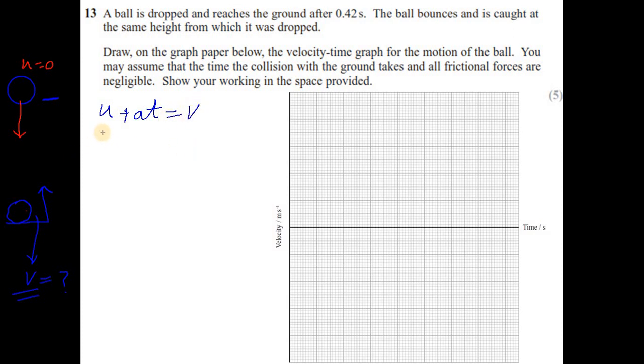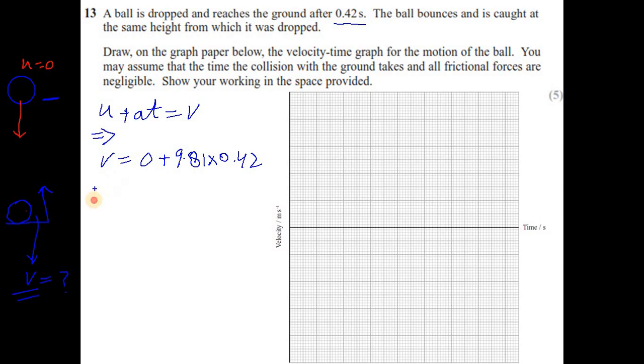Because the initial velocity is 0, the final velocity v is equal to 0 plus 9.81 times the time, and the time is 0.42.